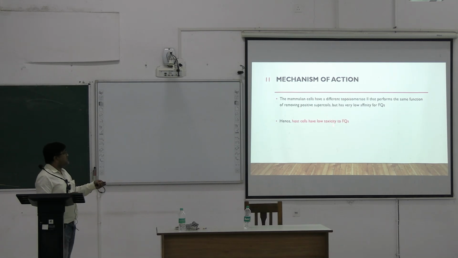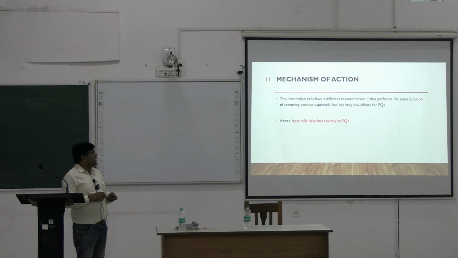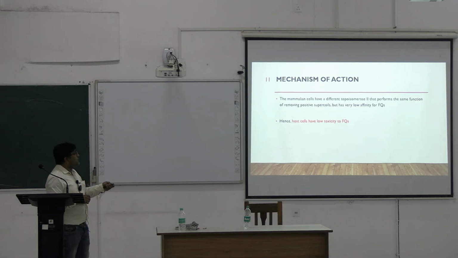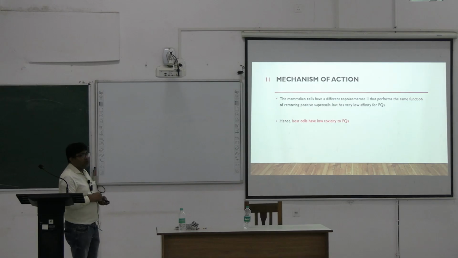The mammalian cells have a different topoisomerase 2 that performs the same function of removing positive supercoils, and they have lower affinity for the fluoroquinolones. That is why they are more selective to the bacteria, not to the host cells. Hence, host cells have low toxicity to the fluoroquinolones.